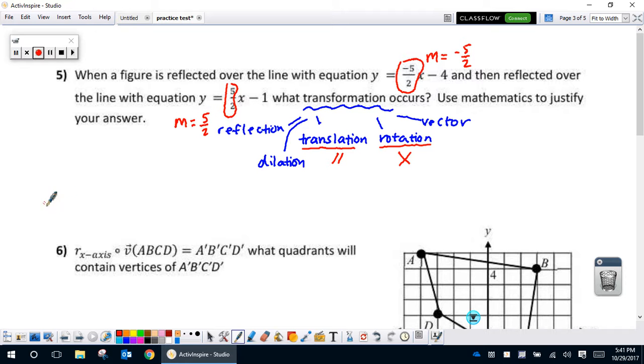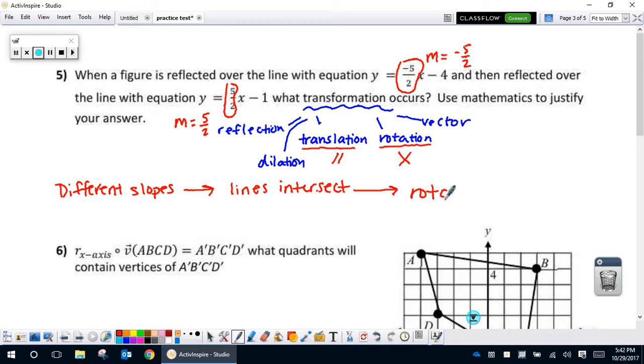So they are different slopes, different slopes, which means the lines are intersecting, which means it would be a rotation. Okay, so this could be a multiple choice question with all of these as an option. So it is a rotation.